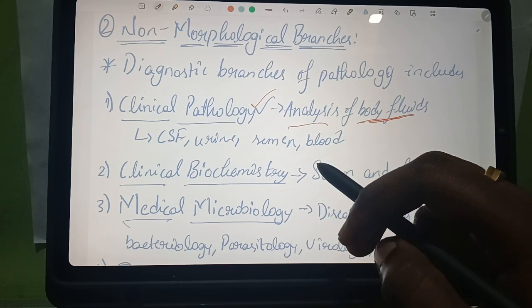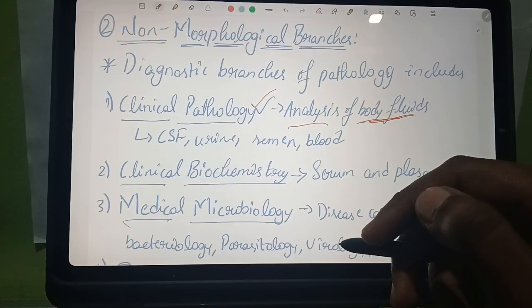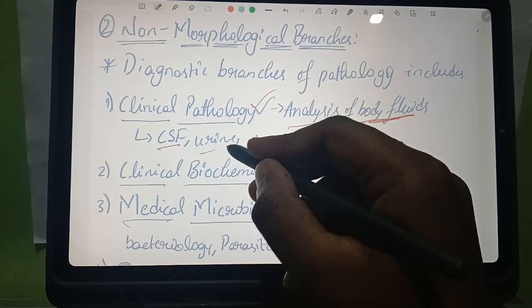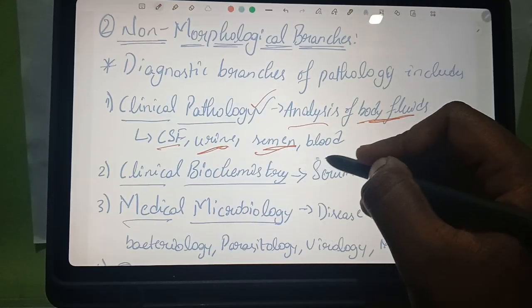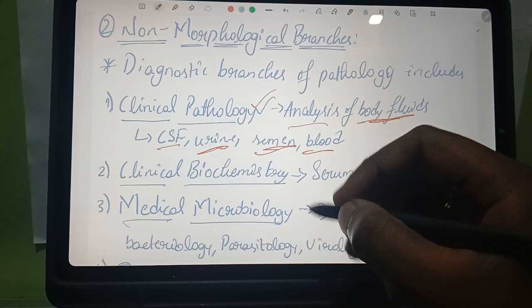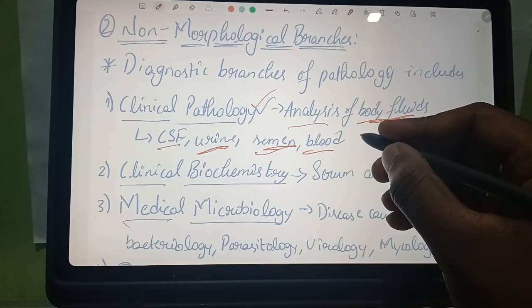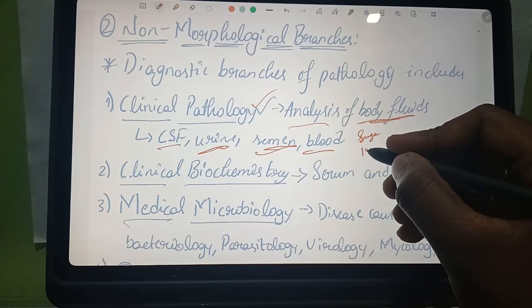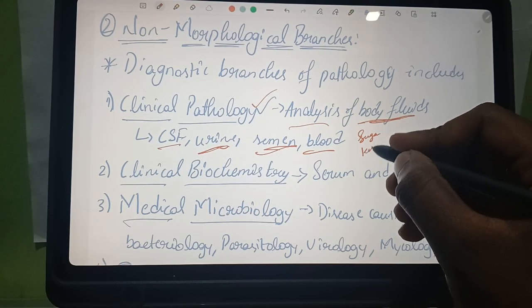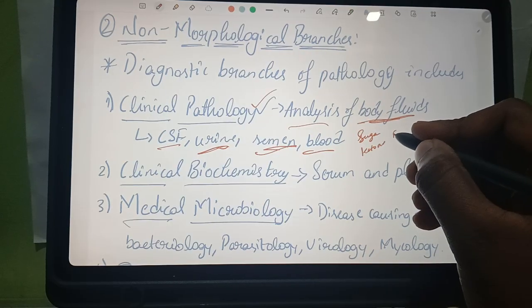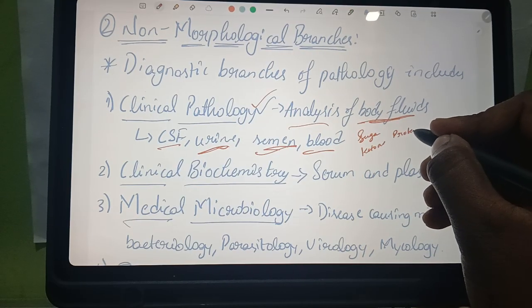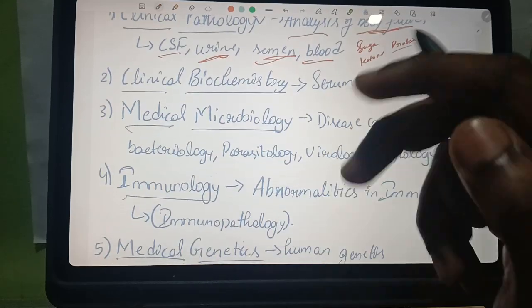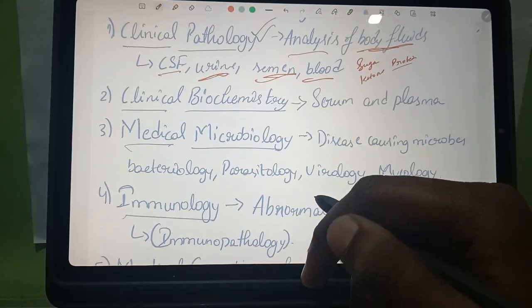In clinical pathology, we will generally do analysis of body fluids like cerebrospinal fluid, urine examination, semen examination, blood examination, for blood sugar level or any presenting ketone bodies or excretion of protein, like that we will find in the clinical pathology.